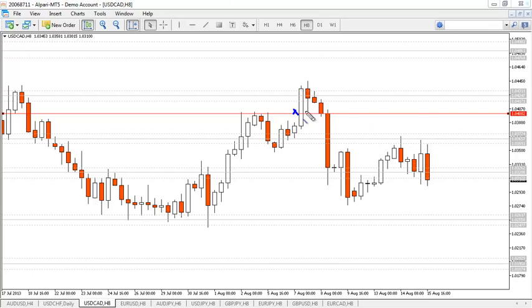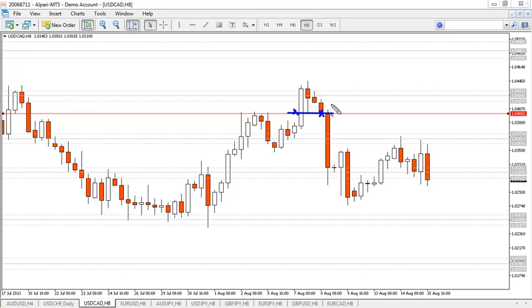So this was a pretty good entry level based on price action. But money management wise, you couldn't use this entry because your stop loss would have to be way too big. So this is another example where you would use a retrace to enter this trade. When sellers break here, you set your entry level back up.